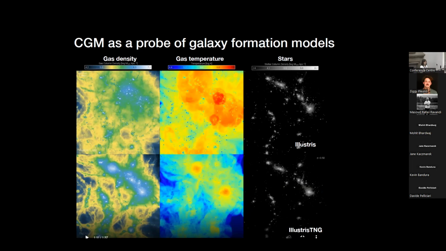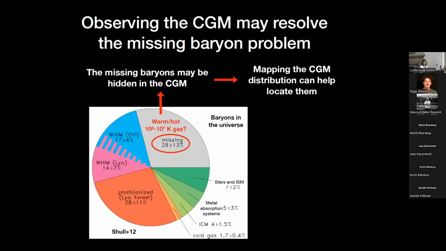In addition to probing galaxy formation models, the CGM can also help us map the missing baryons. The missing baryon problem says that you have this pie chart, which is the expected amount of baryons that we should see in the universe. But with different probes of the baryons, you only observe about 70% of the expected number.